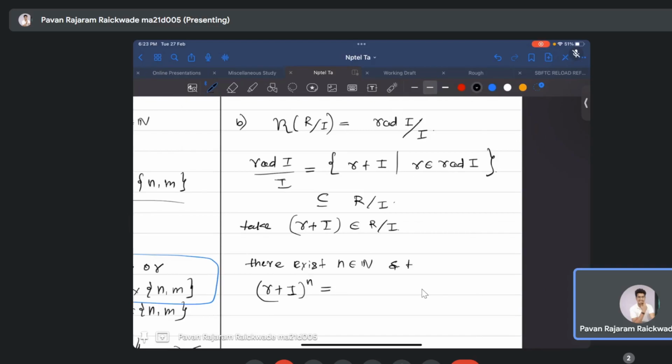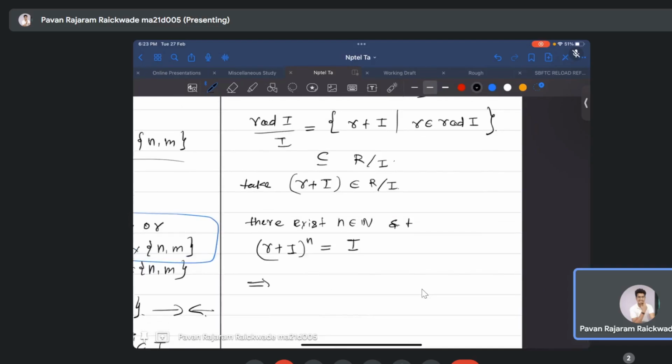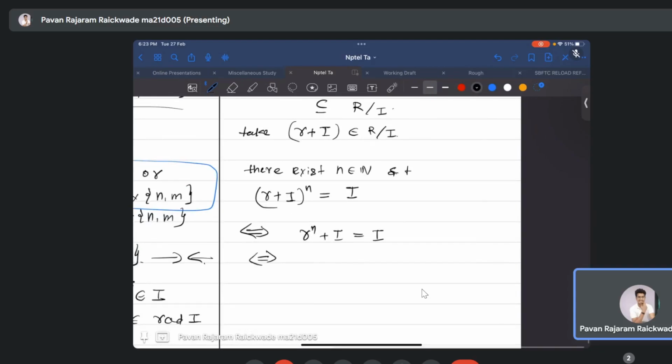What is 0 in the ring R quotient I? It is I, right? This happens if and only if r^n plus I equals I, if and only if r^n belongs to I, if and only if r belongs to rad I.